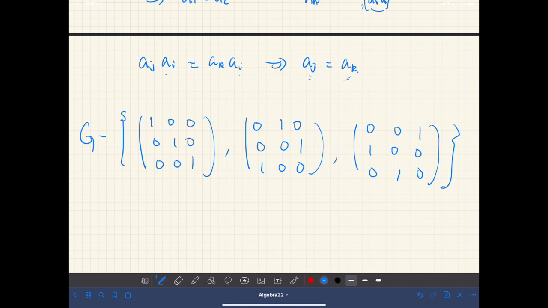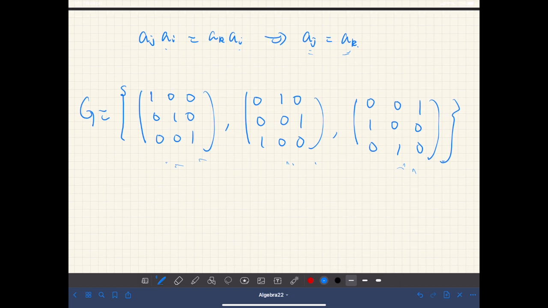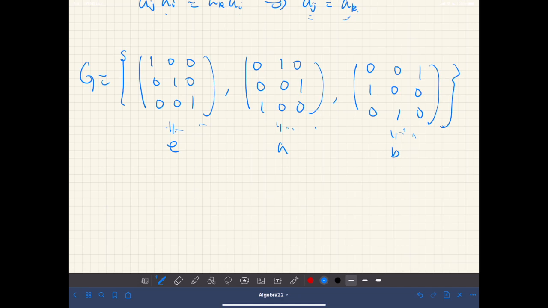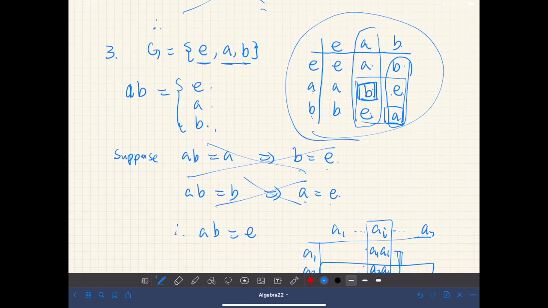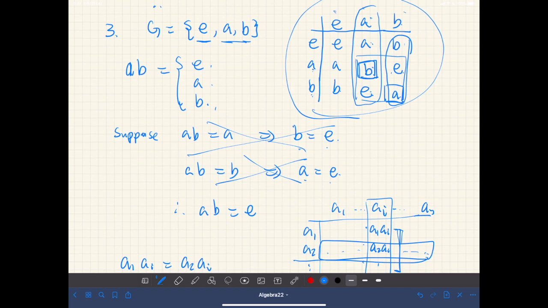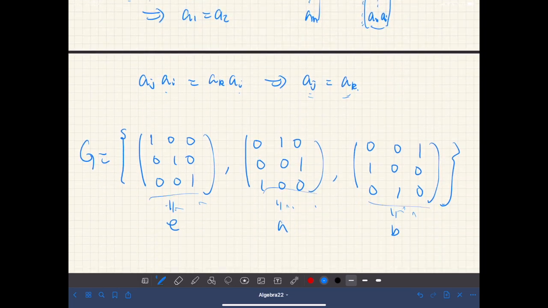Okay, so let's say we have this set of three 3 by 3 matrices, and all of them are different from everything else, right? And consider the ordinary matrix multiplication between these. If we set this as E and this as A and this as B, and you try to construct the Cayley table of this group, actually this is a group, you should check, we have this table, replacing E, A, B with these three matrices.